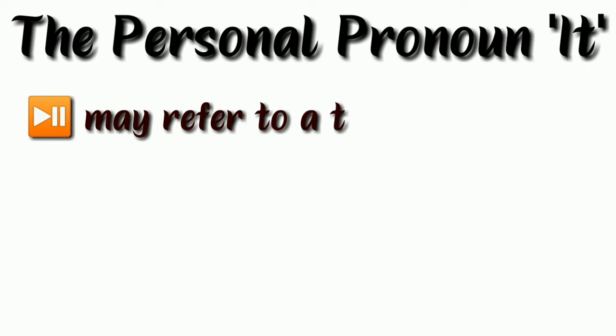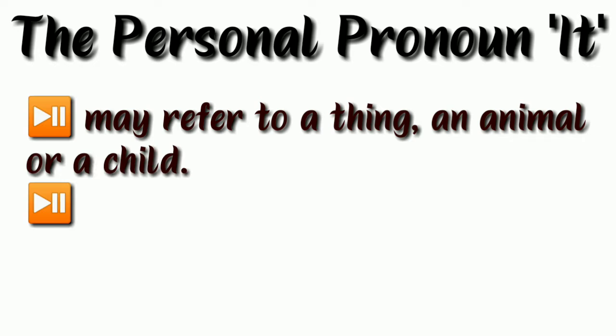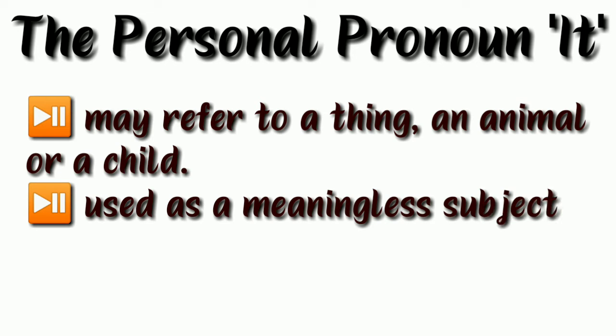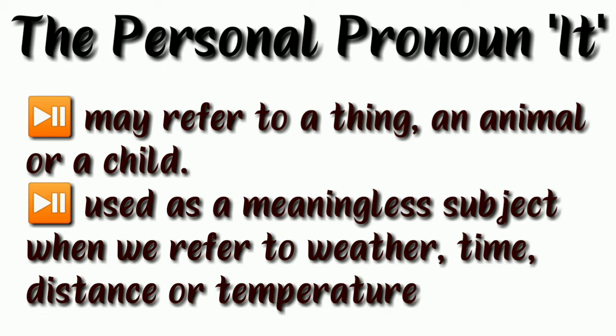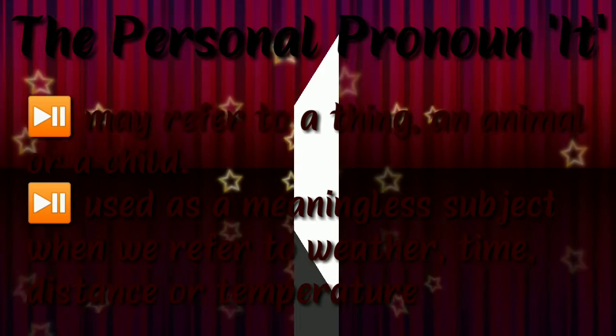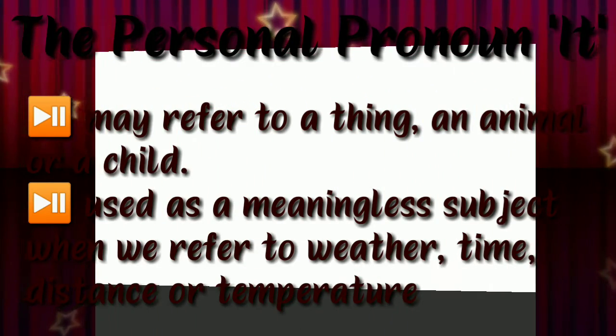Now, the personal pronoun it. It may refer to a thing, animal, or a child, and it is used as a meaningless subject when we refer to weather, time, distance, or temperature.